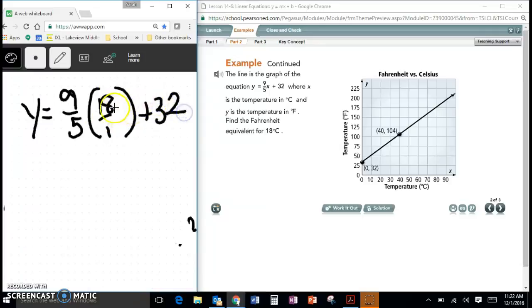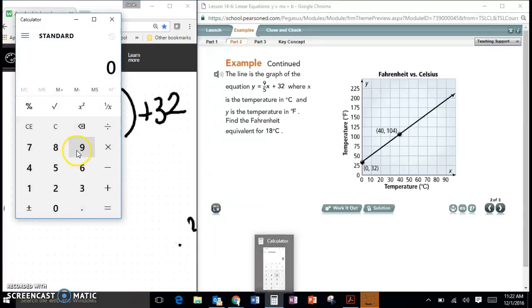So we are multiplying here. I cannot cross cancel. So I need to take 9 times 18, and then I'm really going to end up dividing it by 5. So 9 times 18 equals 162. Divided by 5 is 32.4. And then the formula wants me to add 32 to it.